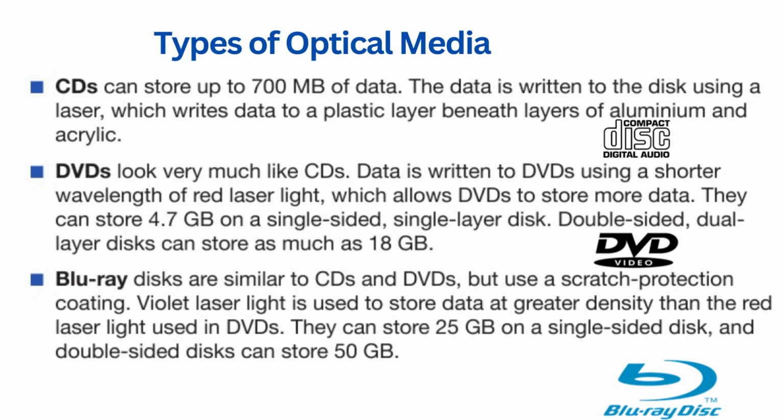And it allows to store data densely because of the violet laser, and can store up to 25 GB on a single side and up to 50 GB double sided. That's how the name derived as Blu-ray. Ideally, it should be violet ray, but they thought Blu-ray is trendier. Because of that, they started calling it Blu-ray.